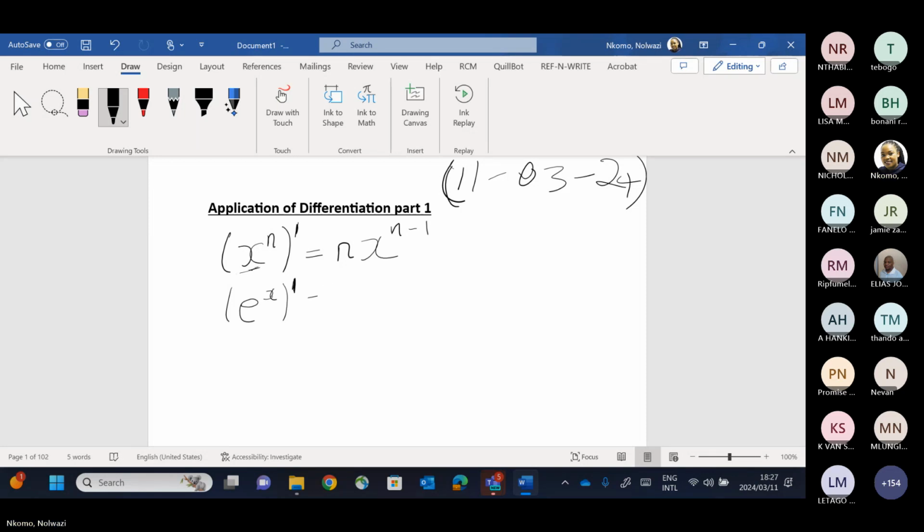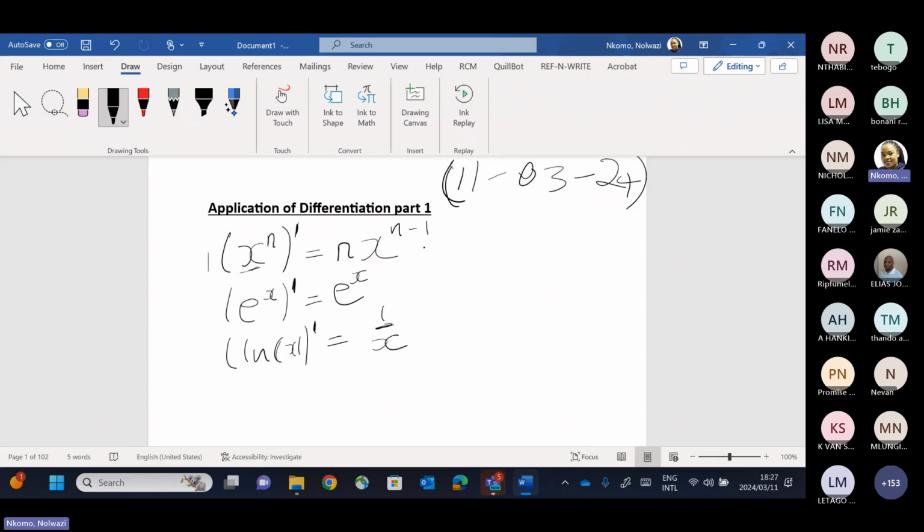If we differentiate e to the power x, we get e to the power x, right? And again, we have the derivative of ln x. Here, we get 1 over x, right?